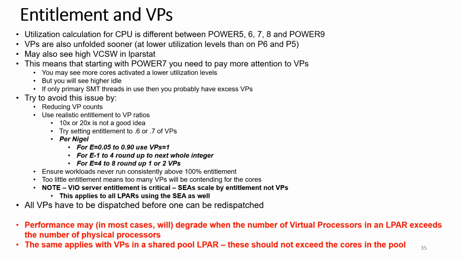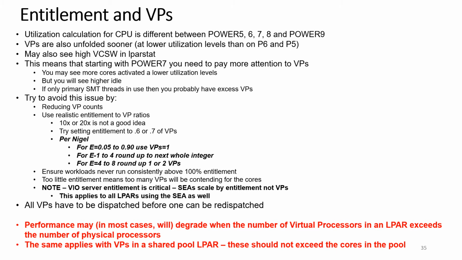From Power 7 and above, it's actually at lower utilization levels than it was on previous systems, which means that you may see some high virtual context switches in LPAR stat, which tells you that you need to pay attention to your virtual processors. So starting with Power 7, you may see cores activated at lower utilization levels, but you'll see higher idle.